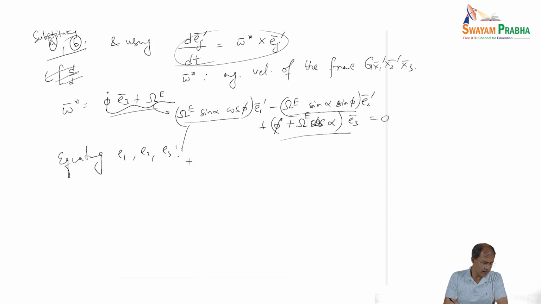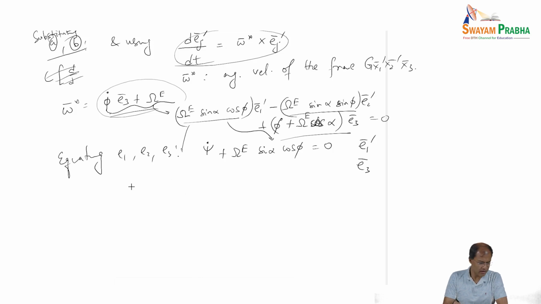Omega star is psi dot plus this quantity. So the first equation is psi dot plus omega E sine alpha cos phi, set equal to 0. This is my E1 prime component, and similarly I can find the E3 component.